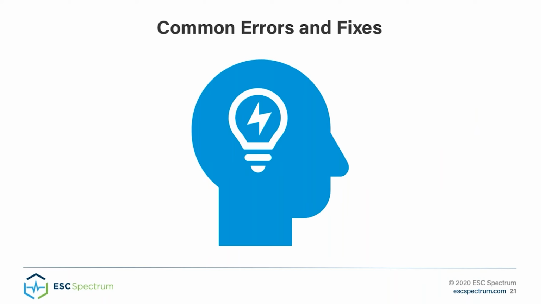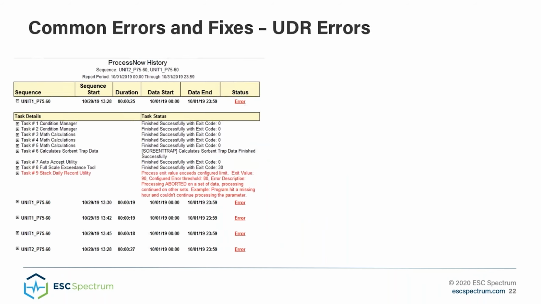So, common errors and fixes. We're going to look at some of these errors and see how you could use some of these tools to fix them. One of the most common ProcessNow errors that we see in support is with the Stack Daily Record Utility task, the UDR task.